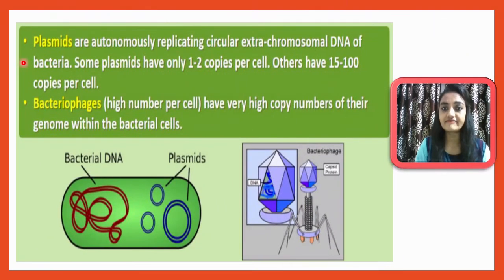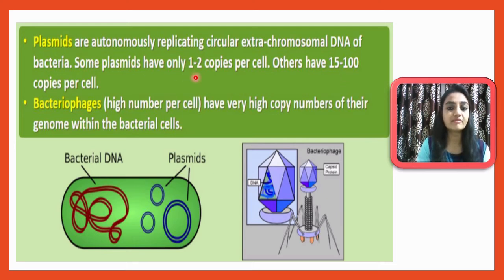Let me explain why we are using plasmids. Plasmids are autonomously replicating circular extra chromosomal DNA of a bacterium, which we have already discussed in chapter number 8 of standard 11. Some plasmids have 1 to 2 copies per cell, and sometimes 15 to 100 copies are found in one particular cell.